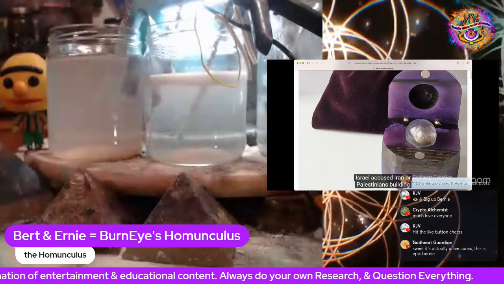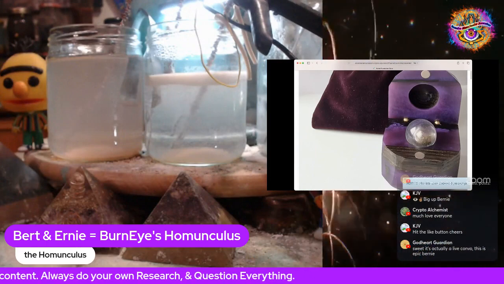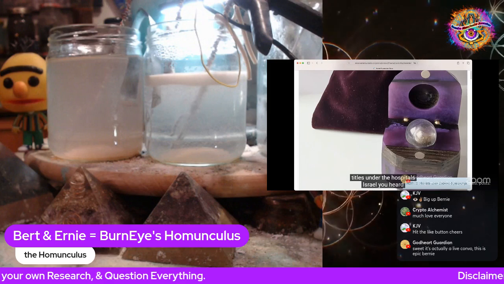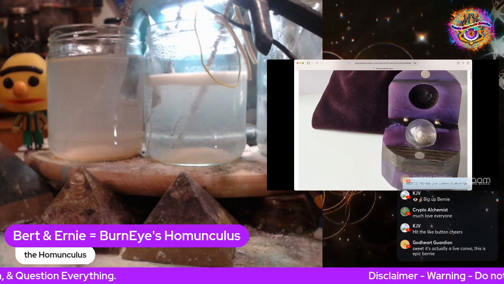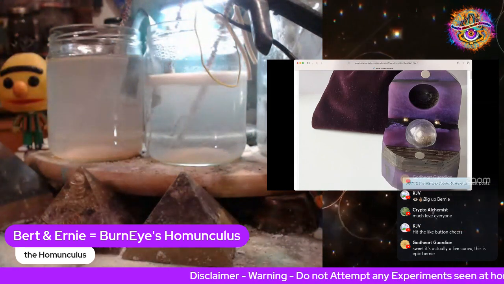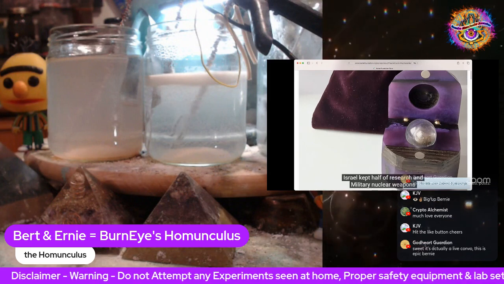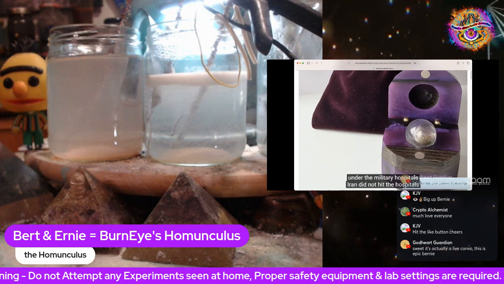Israel accused Iran or the Palestinians of building silos under hospitals. You heard that Iran attacked Israeli military hospitals. It happened because Israel kept half of its research and military nuclear weapons under the military hospitals.